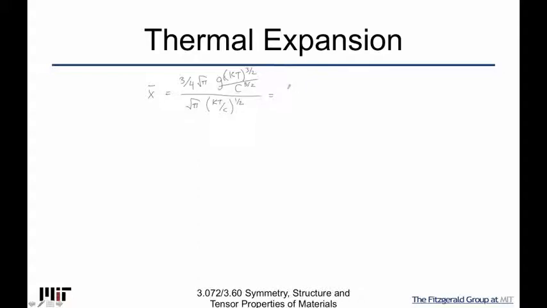And so you end up with something that you should end up with: x bar, which is a single direction in Cartesian space, has a linear dependence on temperature.